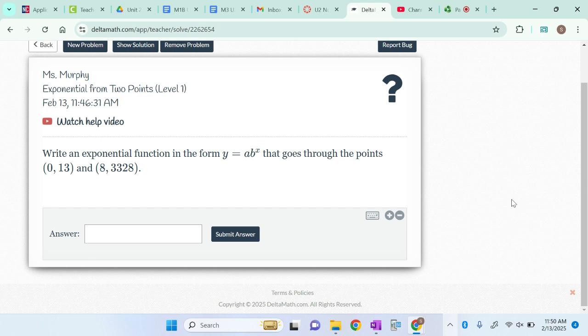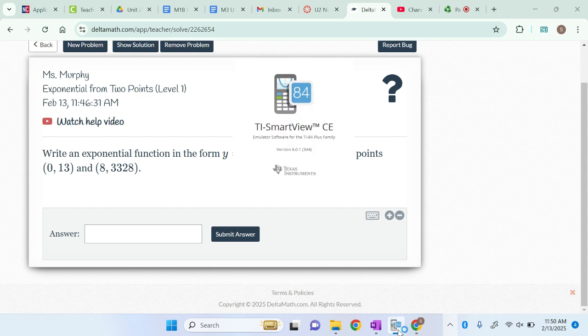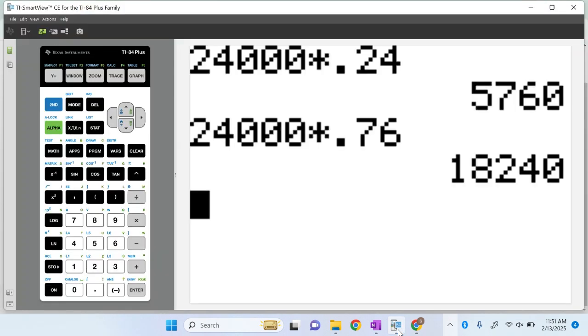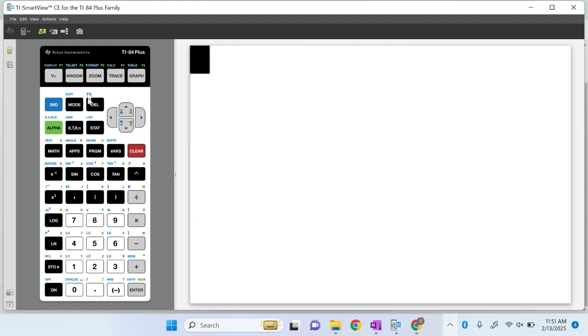Now, you can do that in your calculator. The way you do it is you first hit the number 8. That represents what type of root this is. So click 8 first. Then you hit the math key, which is right below that green alpha key.